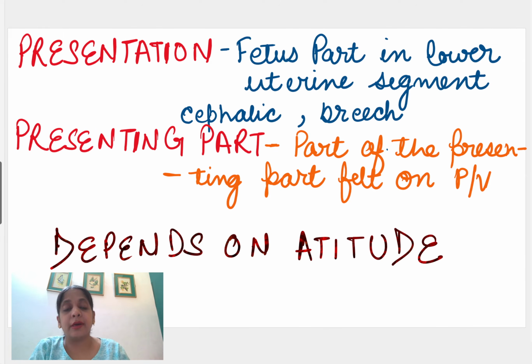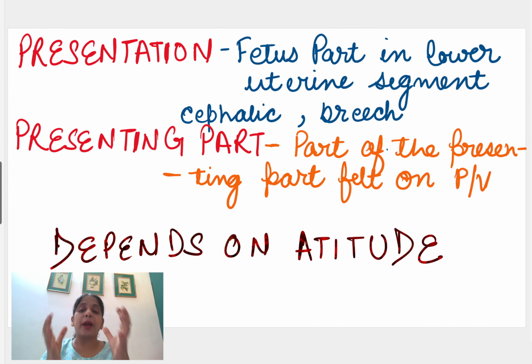If there is a pelvis part in the lower part of the uterus, then it is the breech presentation. If the shoulder is coming in the lower part of the uterus, then it is the shoulder presentation.